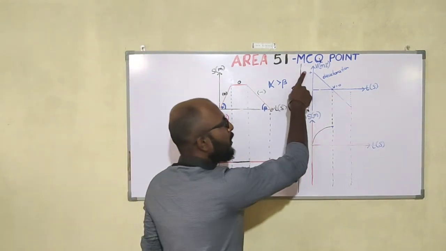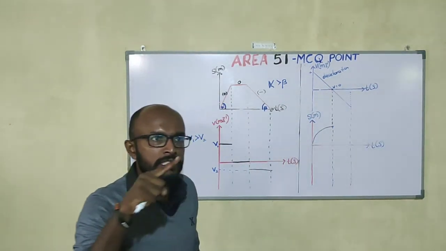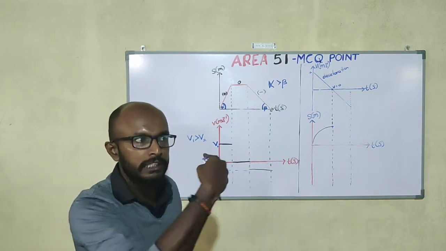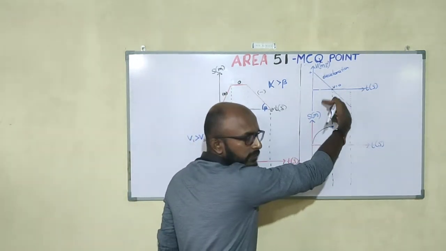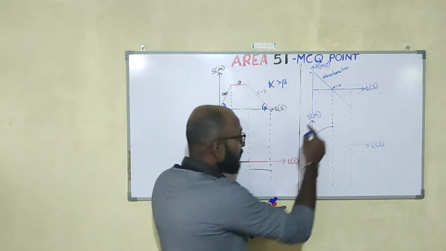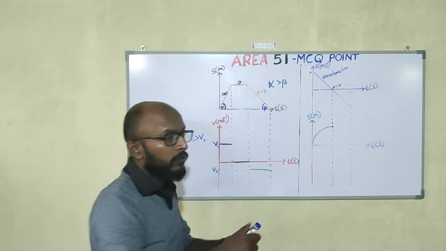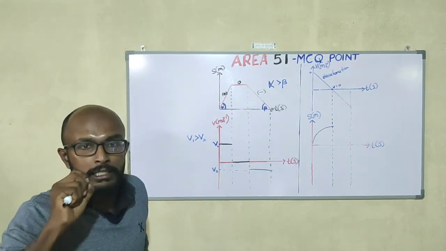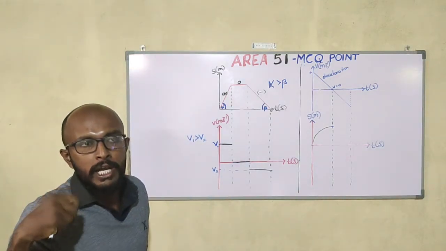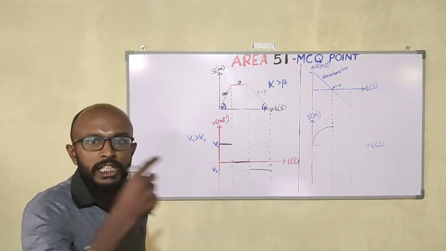Here velocity has decreased to 0, and then velocity is increasing in the opposite direction. The reason is this is the negative part. So if the velocity is increasing in the negative direction, the direction of motion should change there.